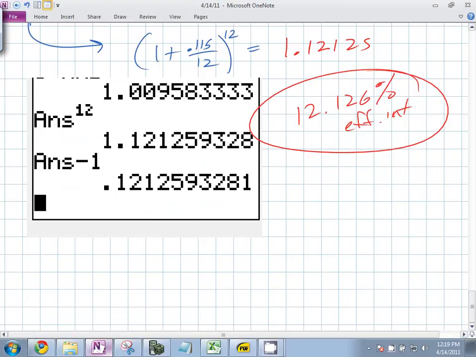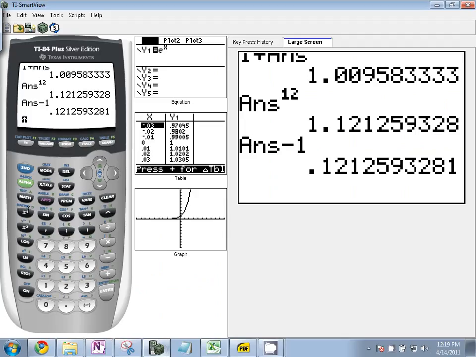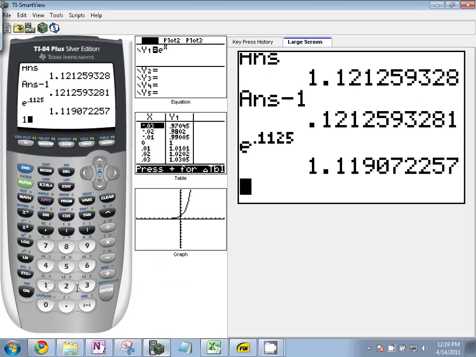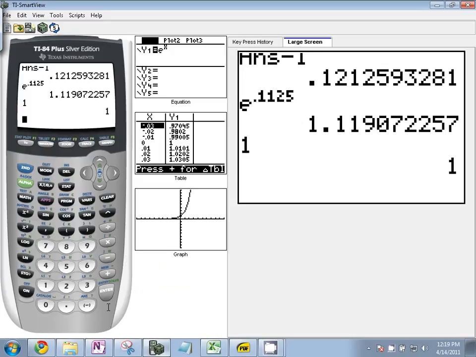Let's check. So again, what equation are we using this time? Yeah, the P doesn't matter. So it's e to the t, subtracting what? 1. So in this case, it's going to be e to the 0.1125 minus 1. If you do that out, e to the 0.1125, and you subtract 1, what do you end up with?